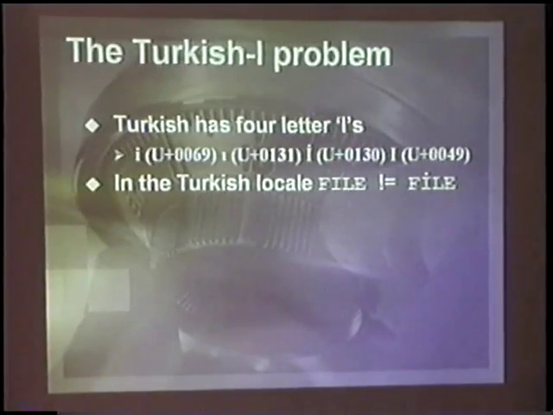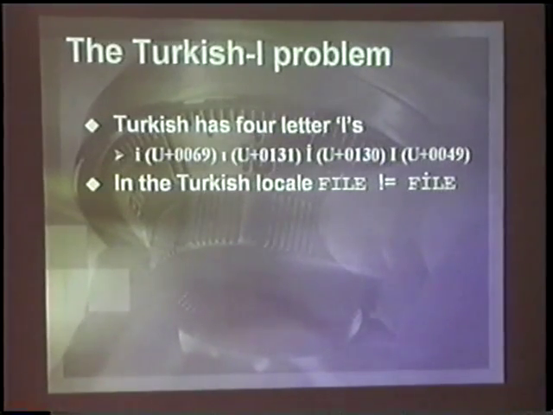And if you take a normal Latin uppercase I without the dot and lowercase it, you'll get the second I, which is like a lowercase i but with no dot. And so in the Turkish locale, uppercase F-I-L-E does not equal F, funny-looking I, L-E.